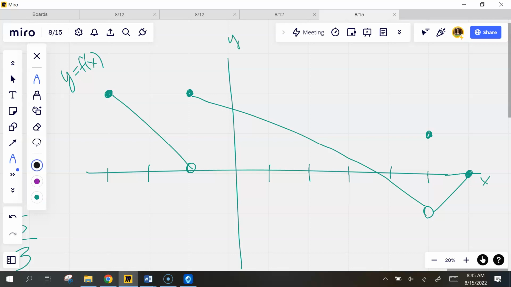What is the limit as x approaches -3 from the right?